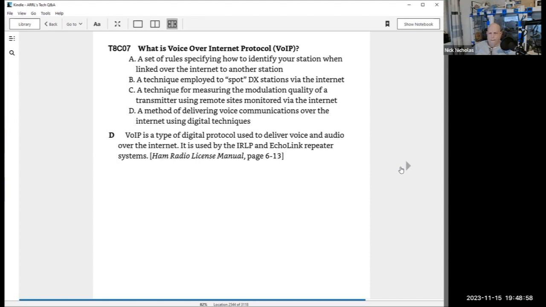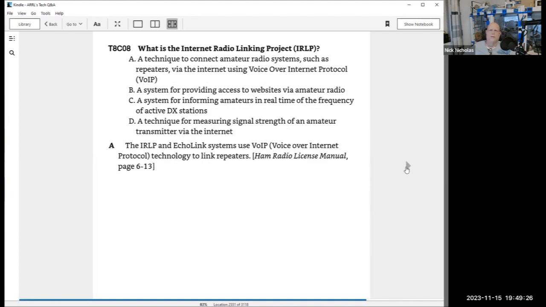And so when we talk on digital radio, the technique for delivering that voice over the internet is voice over internet protocol. It's pretty simple. It's not rocket science, to put it mildly.